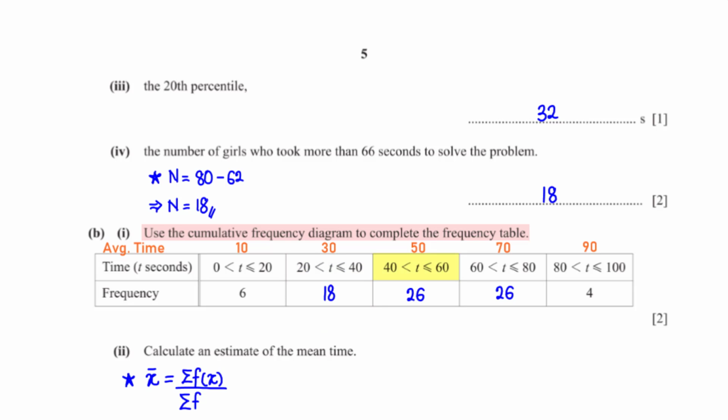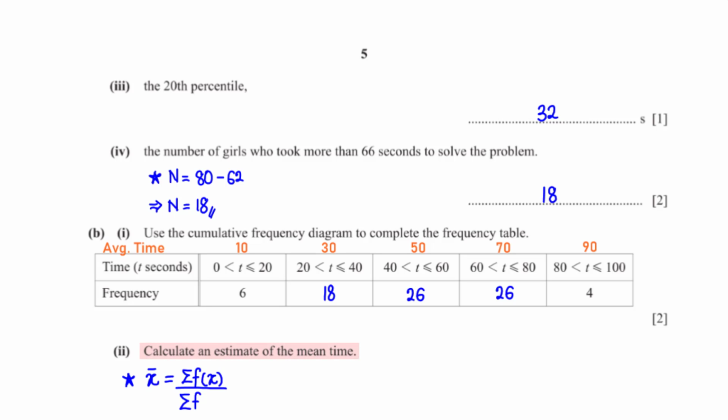At t equals 40, the cumulative frequency is 24, and at t equals 60, the cumulative frequency is 50, and so 50 minus 24 gives us 26. At t equals 60, the cumulative frequency is 50, and at t equals 80, the cumulative frequency is 76, and so 76 minus 50 gives us 26.